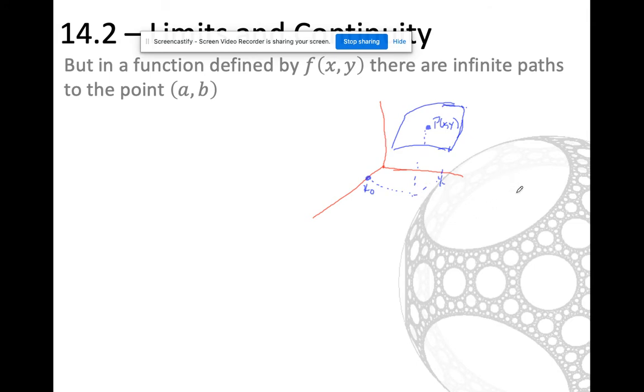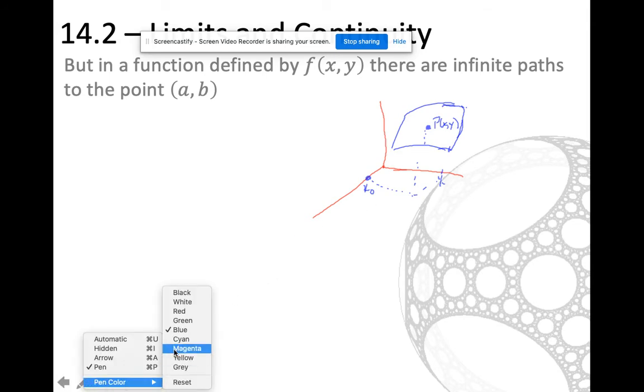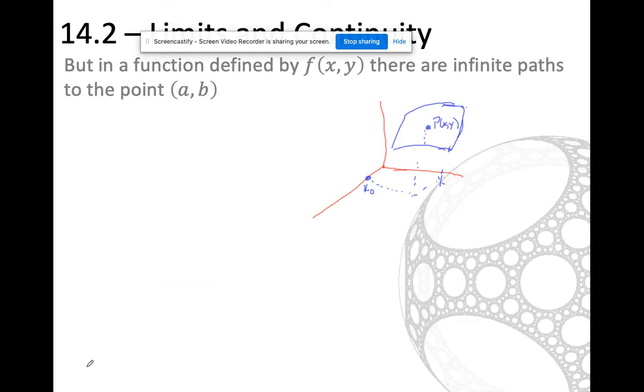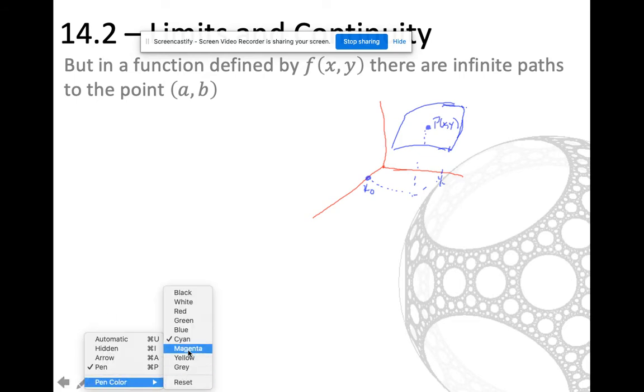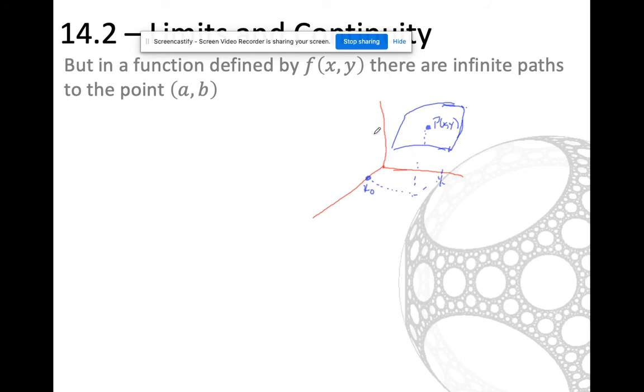So the problem is, how many paths are there to that point? There's a whole bunch, right? As a matter of fact, there's infinite paths of ways I could get to this point, right? There could be some kind of space curve, right? Take me all the way through, to get to here. There's an infinite number of paths.